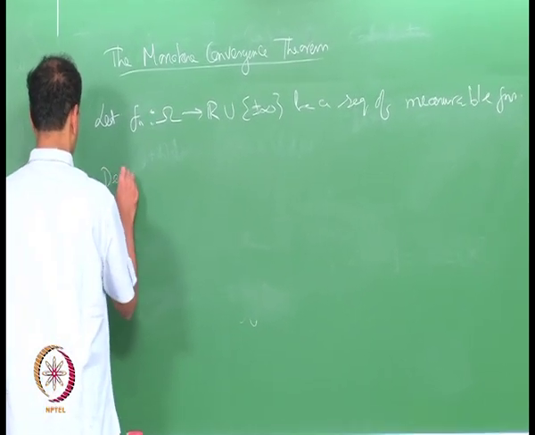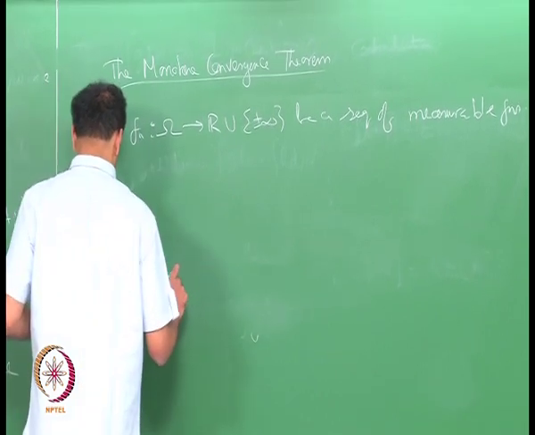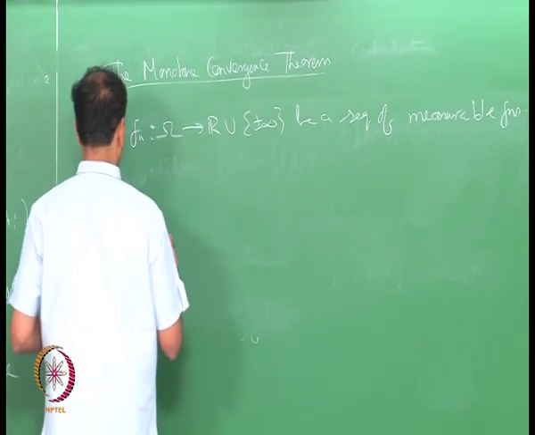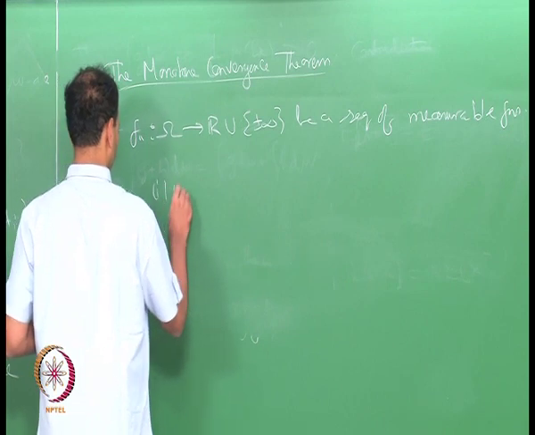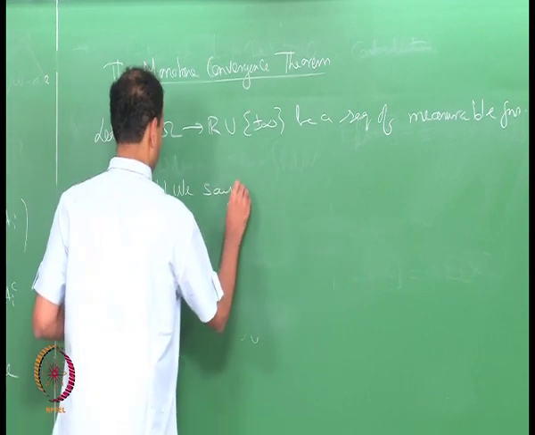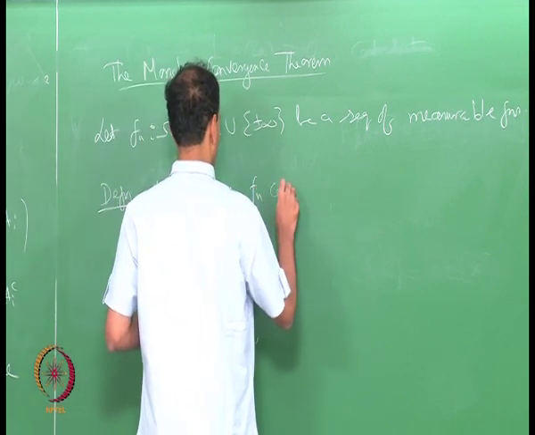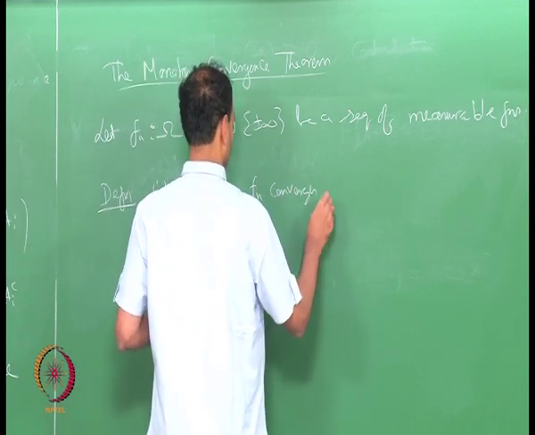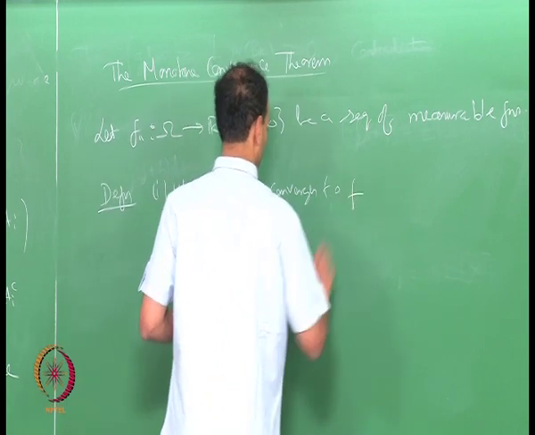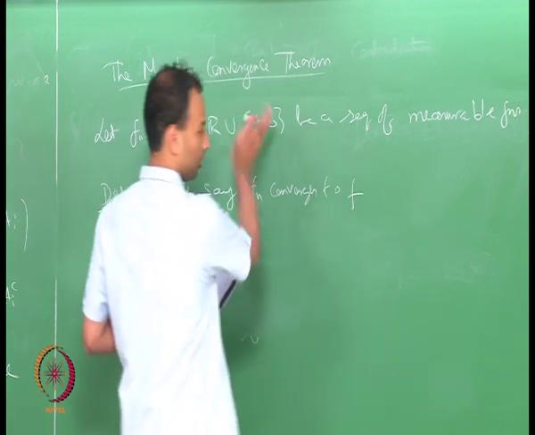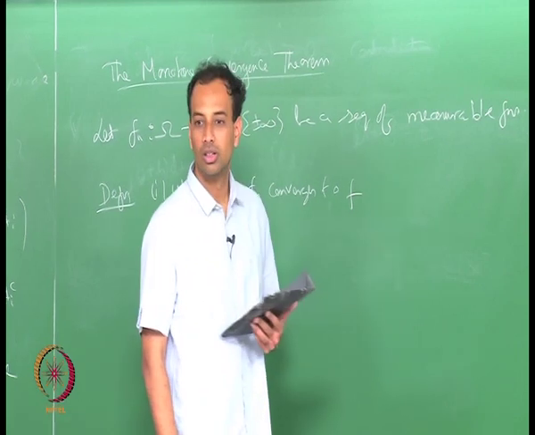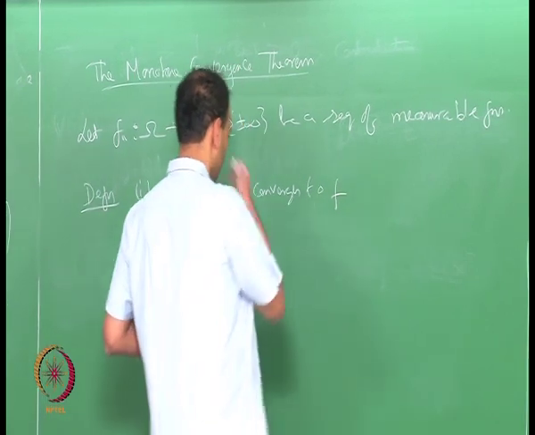Definition: we say f_n converges to f, where f is another function from omega to R, the real line.